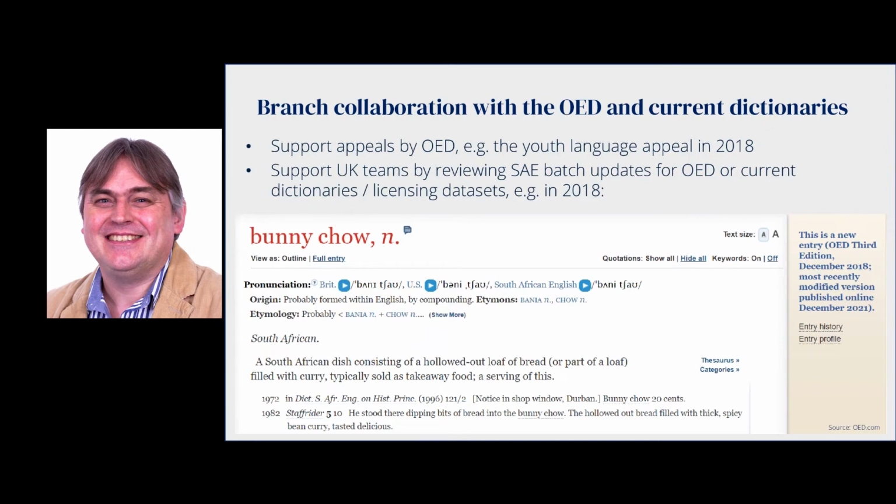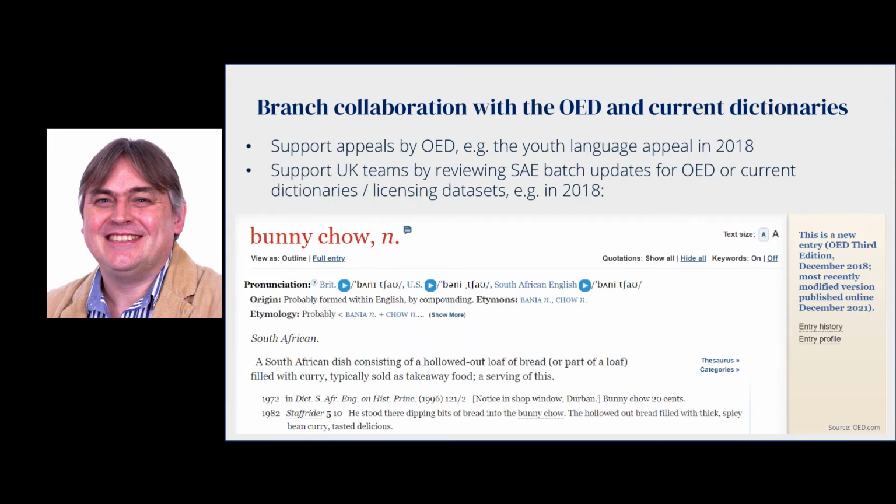So we really wanted to collaborate with our UK branch to make sure that all the research we had done, reflected in the localized print dictionaries for adults, would not be lost entirely. And so, especially from around 2018, we've been working much more closely with the OED and the current dictionaries team to make sure that it filters through into their data sets.